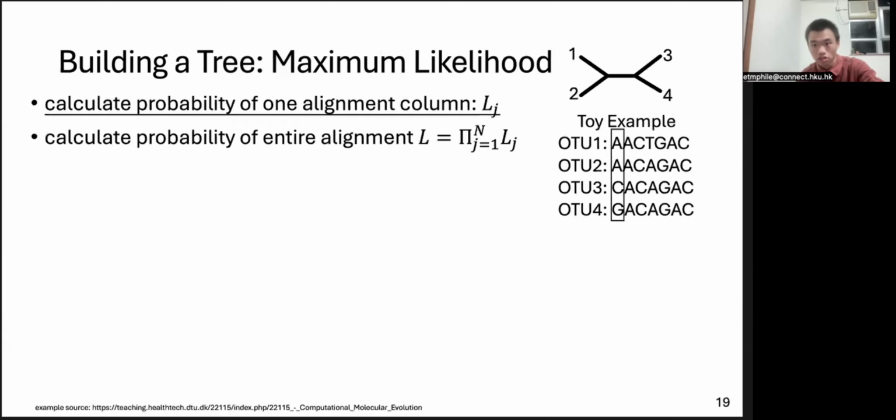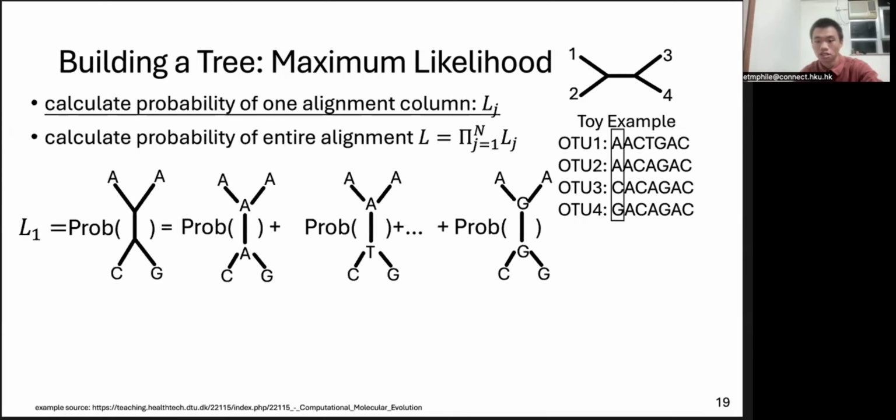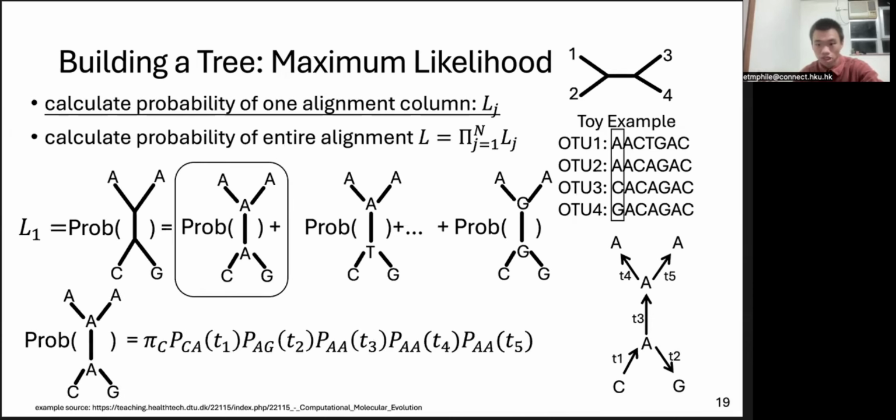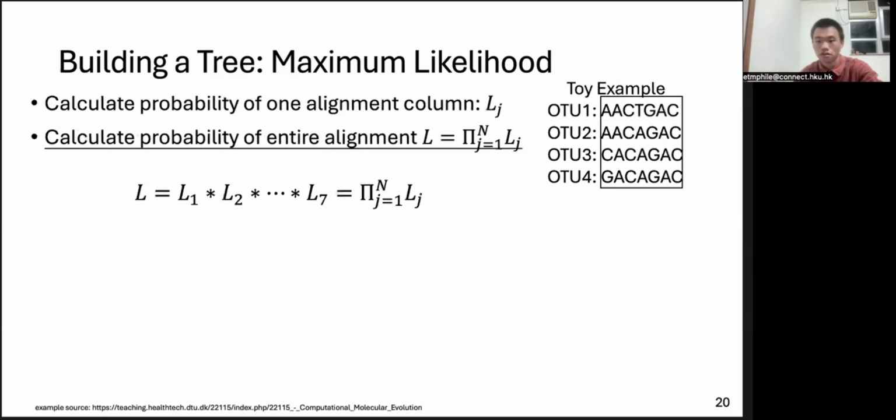In this example, with 4 sequences, we calculate the probability of each column Lj by summing over all possible ancestral states as shown in this equation. To calculate the probability of each ancestral state, such as the state shown in this figure, where both nodes are A, we calculate the transition probability from one arbitrary node, in this case C, to the rest of the nodes.